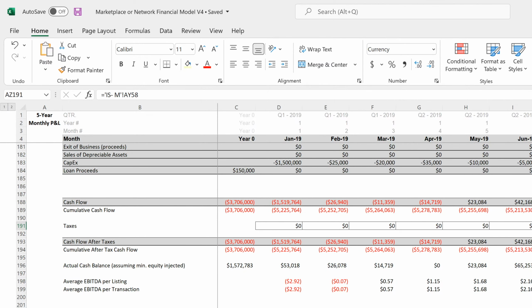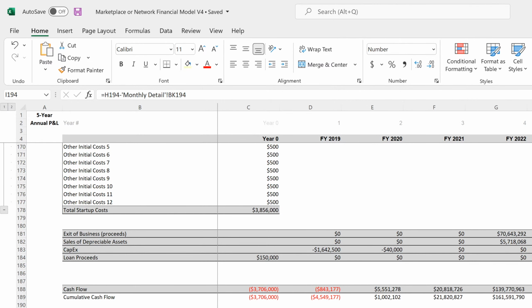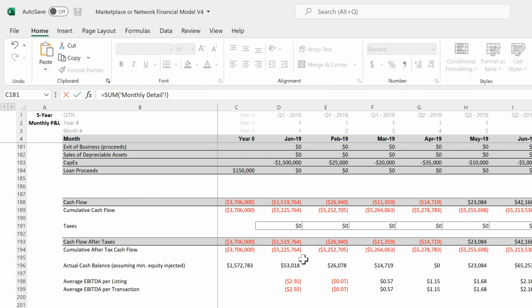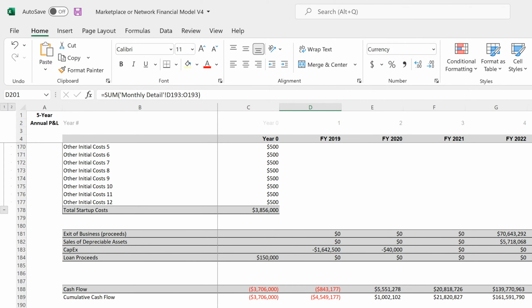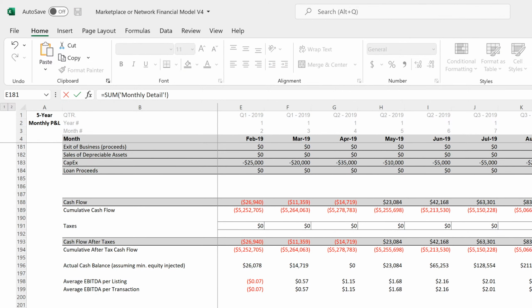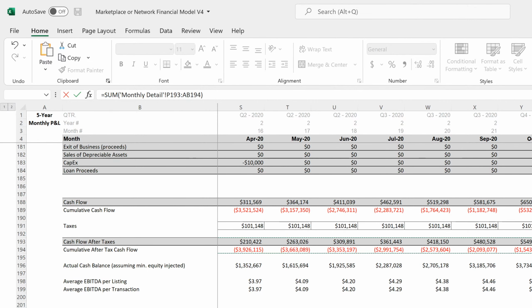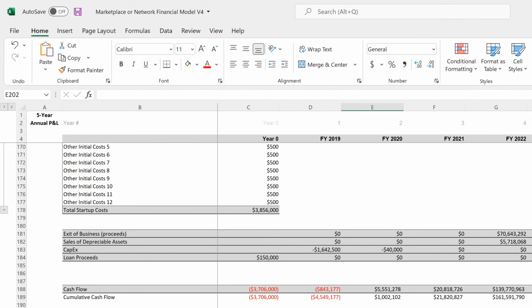Well, all right, let's look at 2019 cash flow. Okay, that matches. Let's look at 2020. That matches.